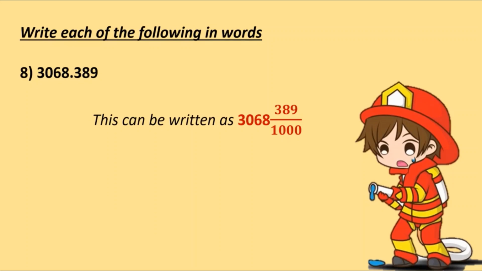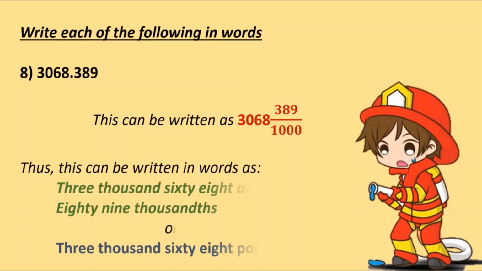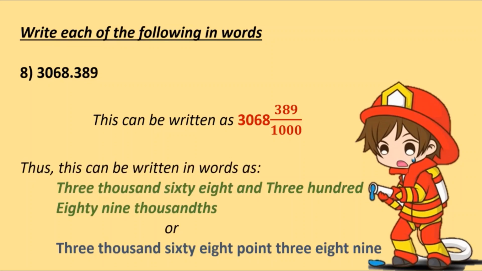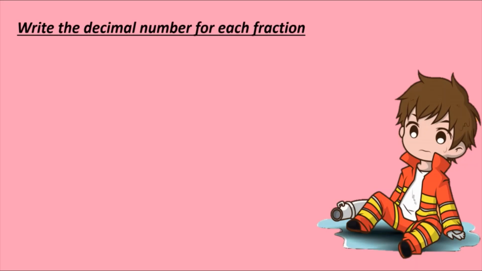So in words we write it as 3068 and 389 thousandths or 3068.389. So in the notebook, children, you will write in words in both the ways. Let's do the next sum.